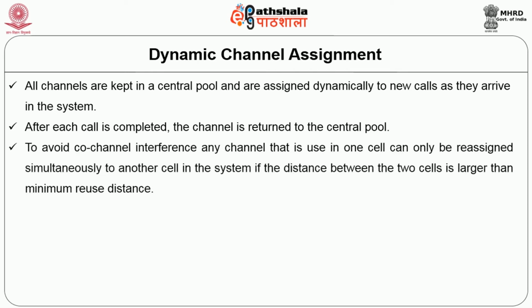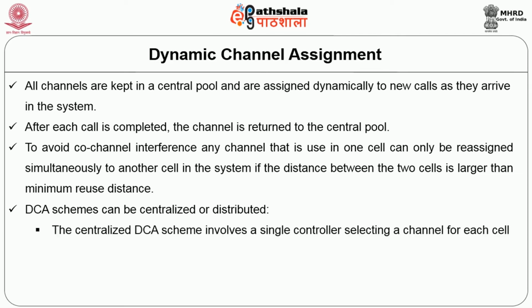To avoid co-channel interference, any channel that is used in one cell can only be reassigned simultaneously to another cell if the distance between the two cells is larger than the minimum reuse distance. That is what we are discussing again and again. Now, there are two types of dynamic channel allocation schemes, a centralized DCA and a distributed DCA.